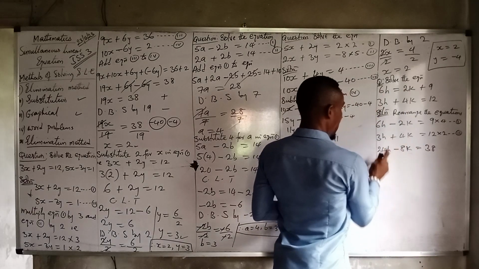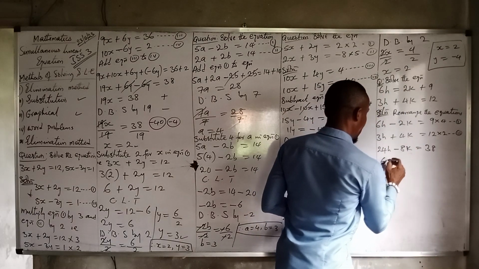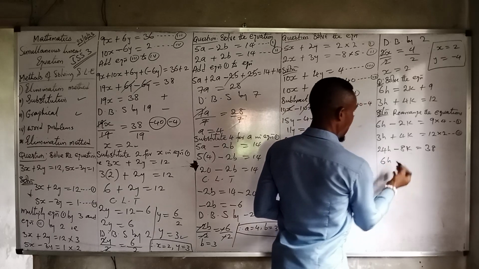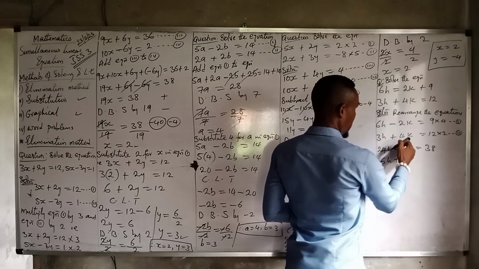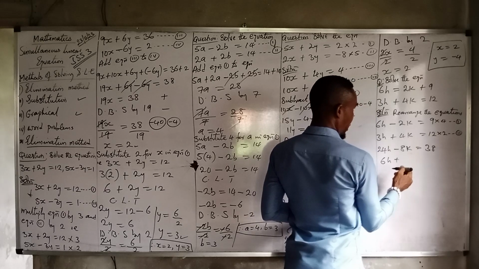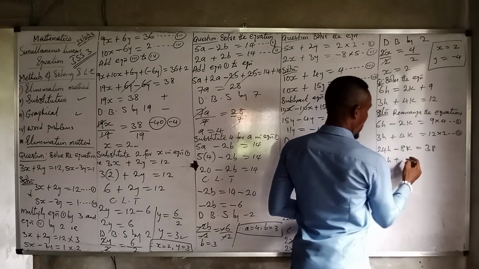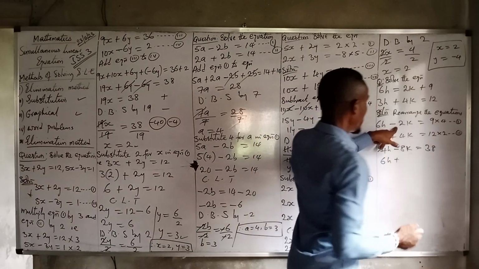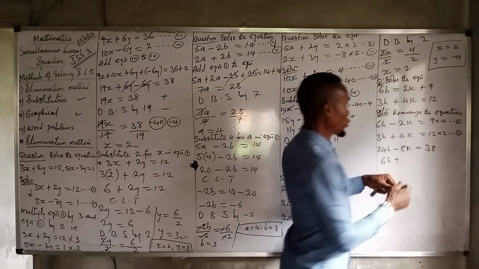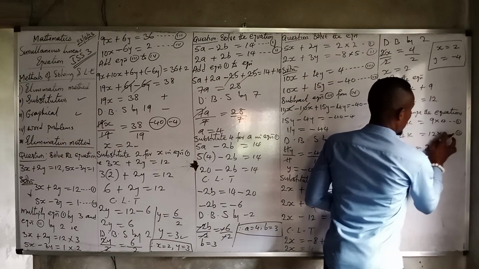2 times 3A gives me what? 6A. Right? Plus 2 times 4K. Alright? 8K. Because the coefficient of K in equation 1 was minus 2, please don't go straight to the point.